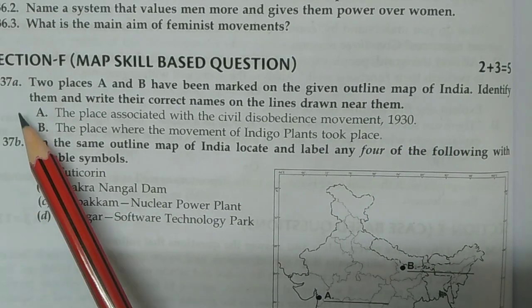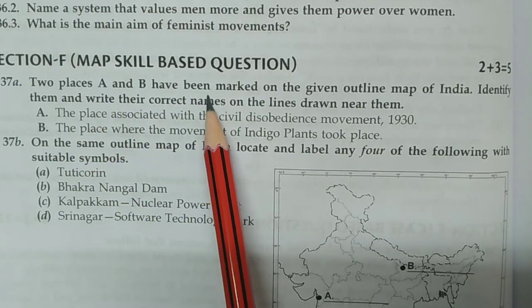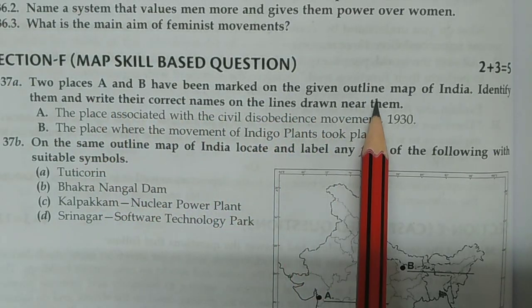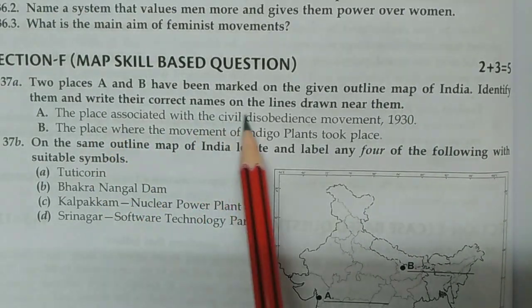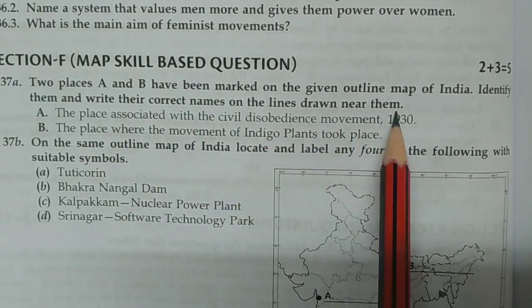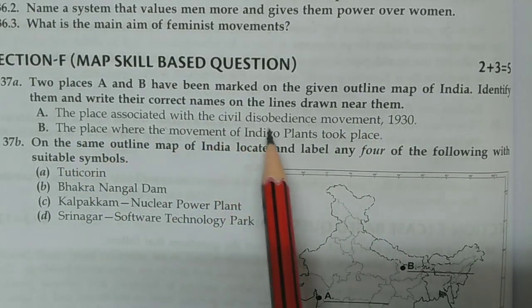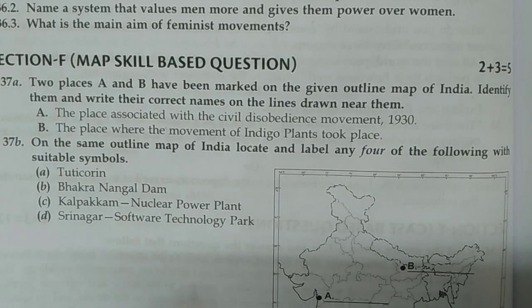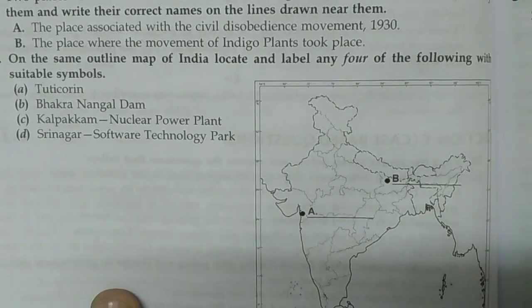It's given 37. Two places A and B have been marked on the given outline map of India. Identify them and write their correct names on the lines drawn near them. A is the place associated with the Civil Disobedience Movement in 1930. So you can see this map here properly.